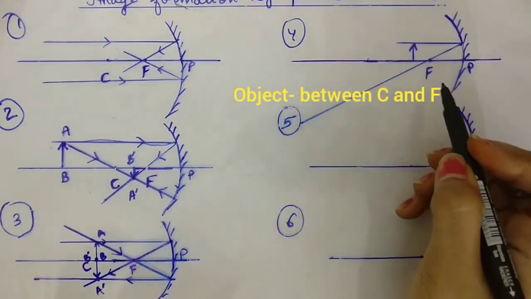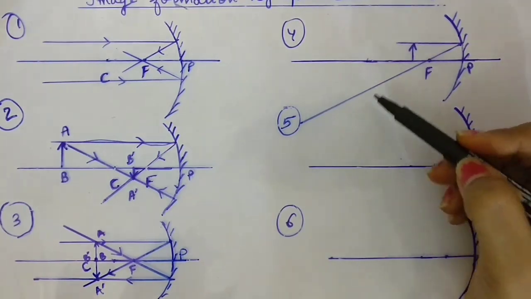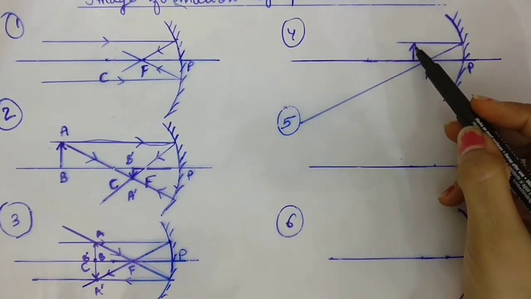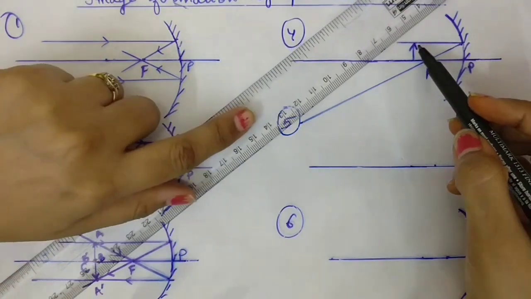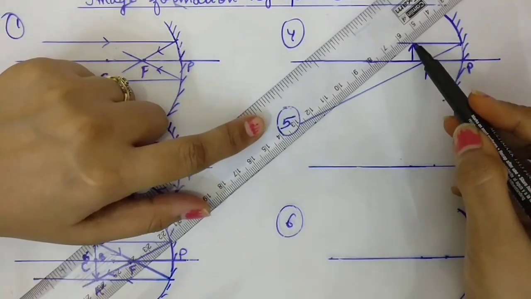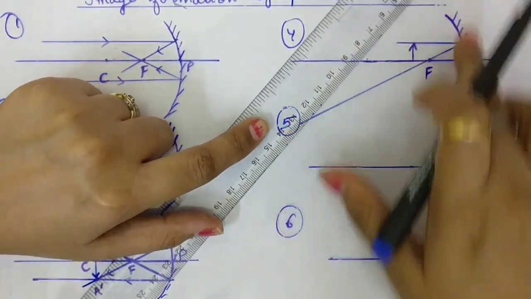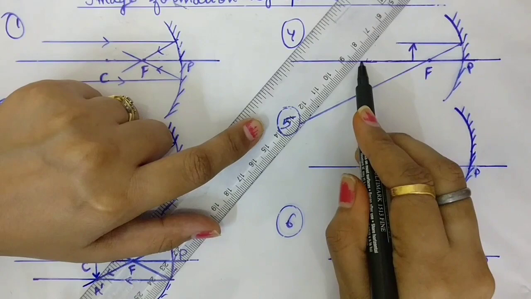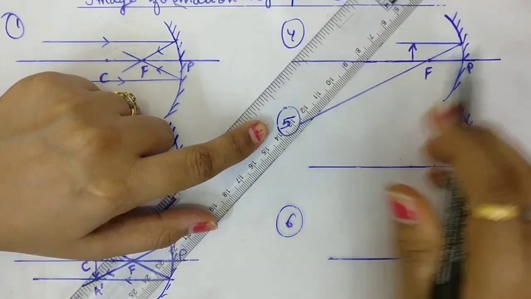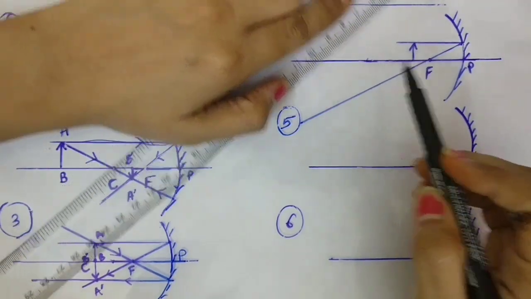When the object is between focus and center of curvature, don't take the height of the object very large, because otherwise if you try to make another ray which should pass through the center of curvature as well as your object, either it will go beyond the aperture of the mirror or it will not pass through the center of curvature. So take the size of the object small and don't mention the center of curvature first.